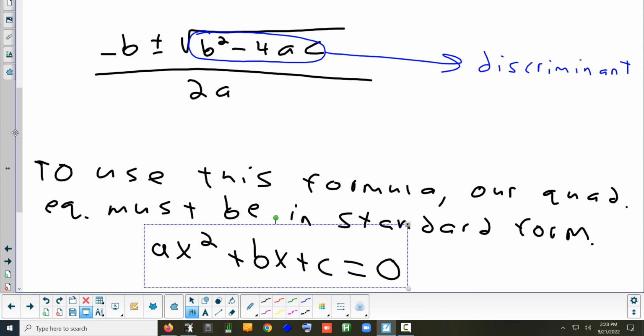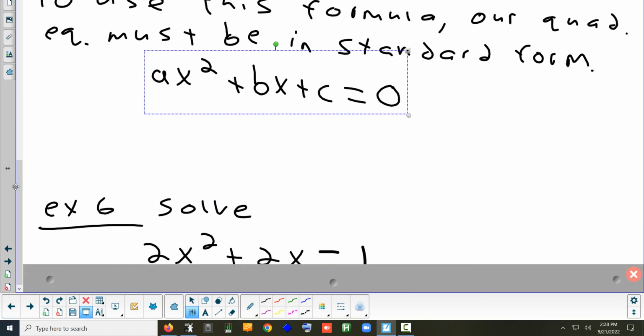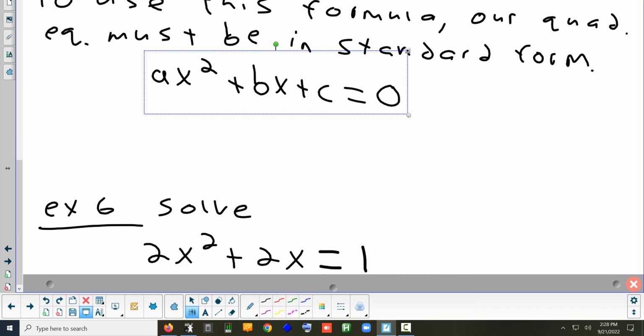Does everyone have the quadratic formula? Let's see if we can solve that. Okay, so first question, is it set up the way that it should be to be able to identify the a, the b, and the c?